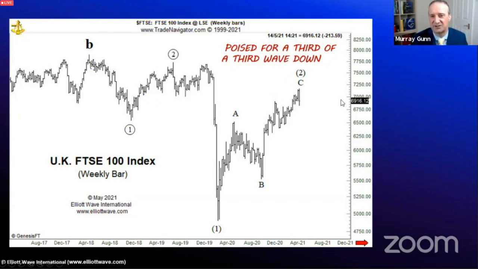And again, if you're interested in more conventional technical analysis, this is a weekly bar chart, and we can see here that this is an outside week of this week just happening now in the FTSE 100. So it could be significant information to tell us that the market could be topping out right now.